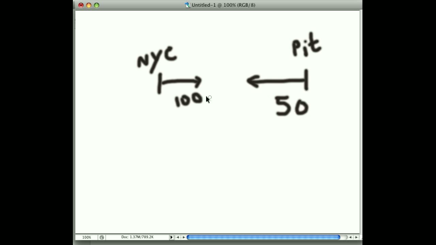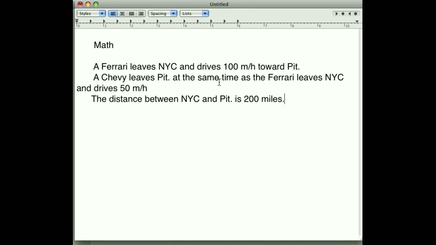And the overall distance between New York City and Pittsburgh is 200 miles. And the question is, after how many hours will they pass one another?